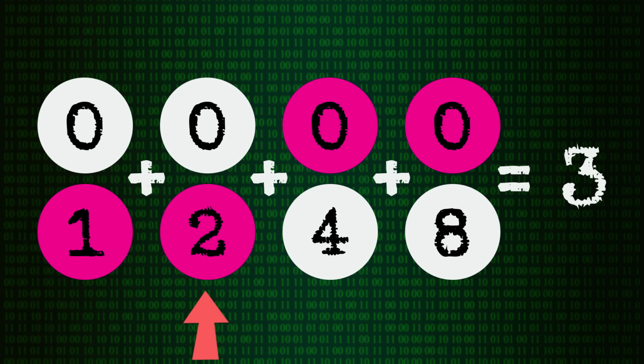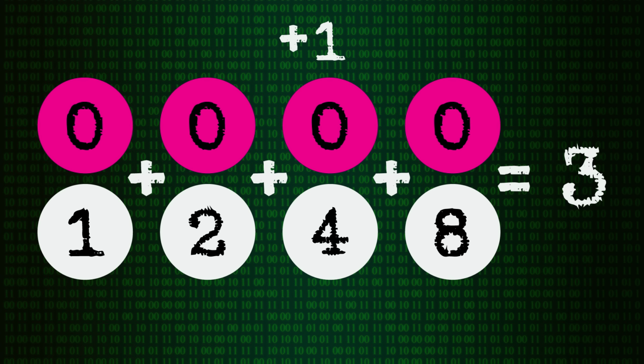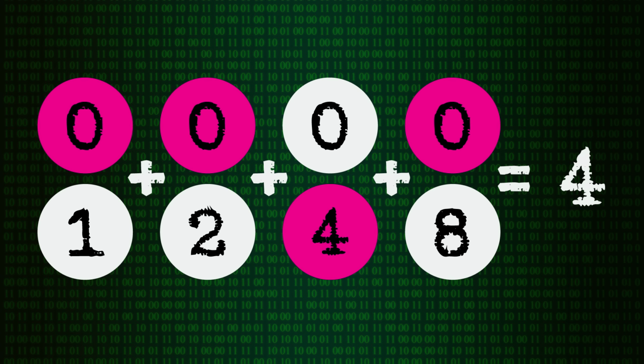Then, with the first digit back in the 0 state, we can once again add 1 to that, for 1 plus 2 equals 3. But then if we want to add another 1, once again, incrementing the first digit sets it back to 0 and carries over to the second digit, which also sets back to 0 and carries over to the third, which is 4.